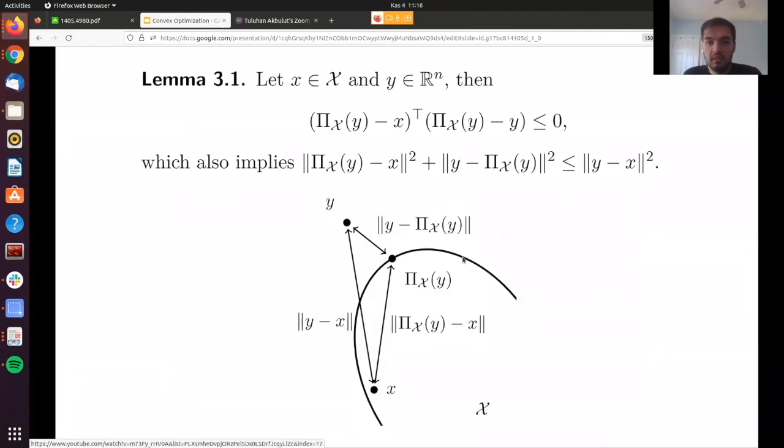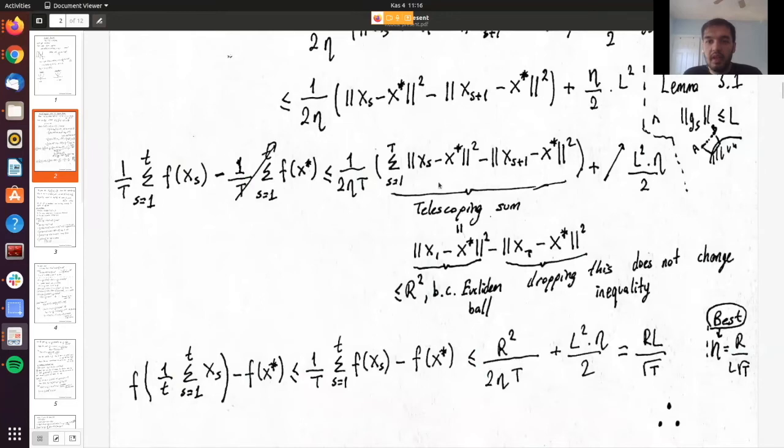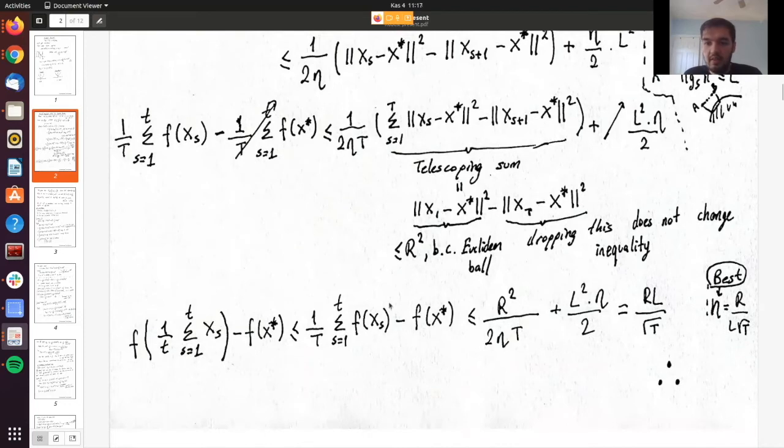So here this thing is always bigger than this part. Then we achieve a telescoping sum, and we sum it from 1 to t, and then we achieve the proposed rate.